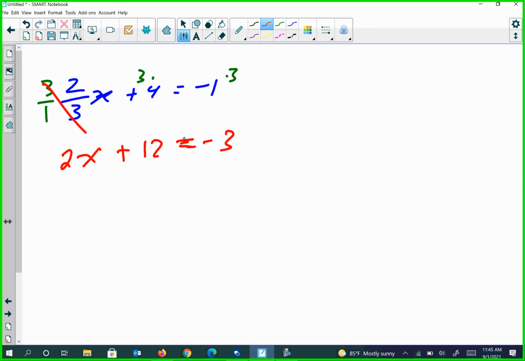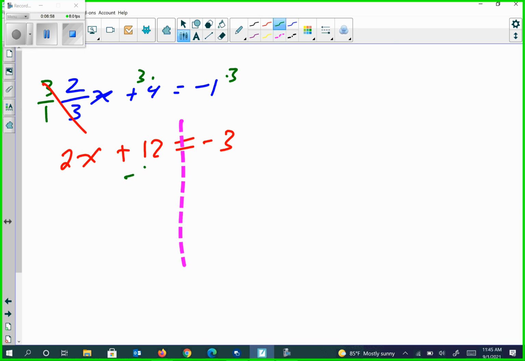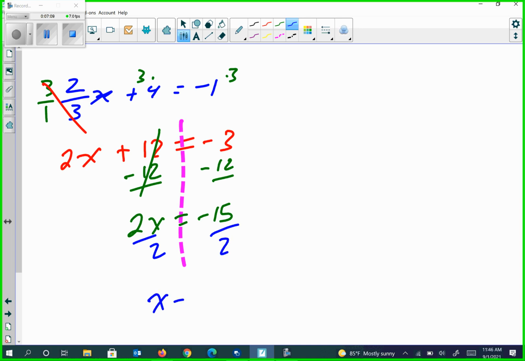I wrote down what the next step is, though I have to change my equal sign. So as you're finishing up this problem, that is the answer I came down with.